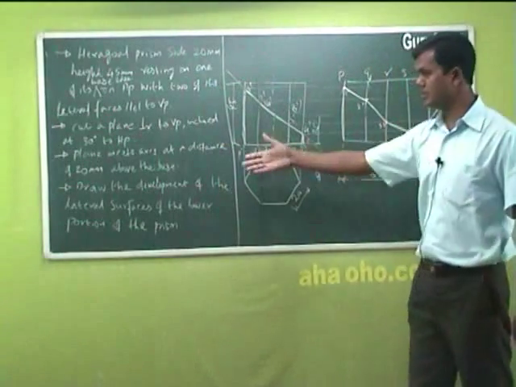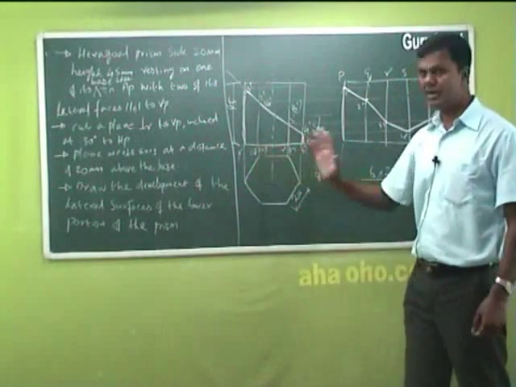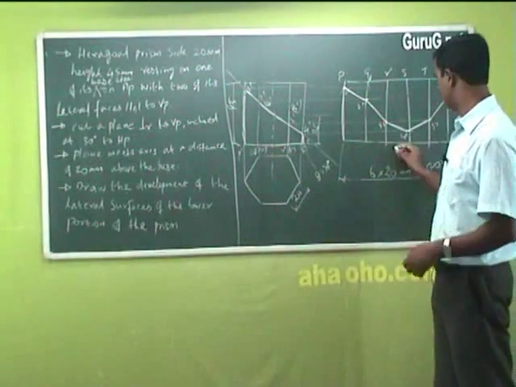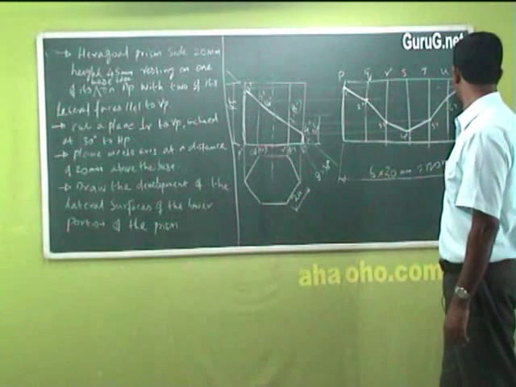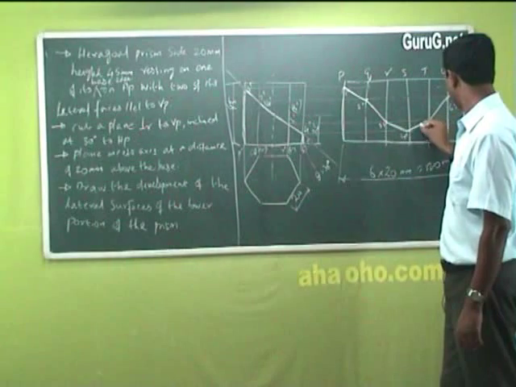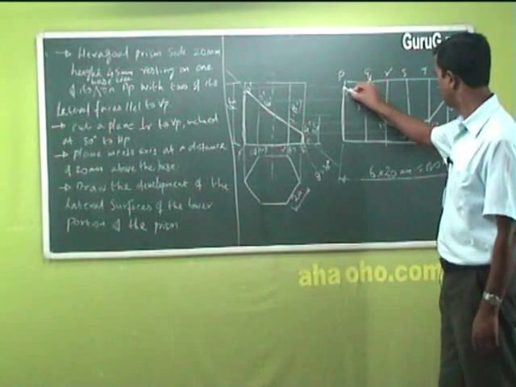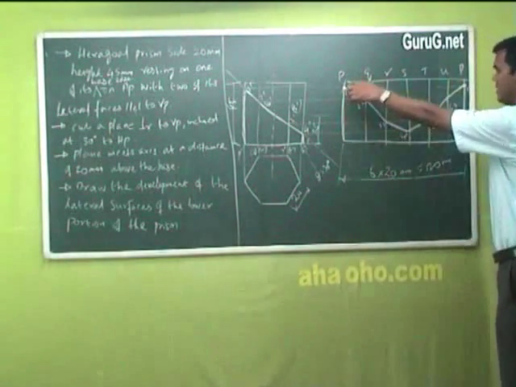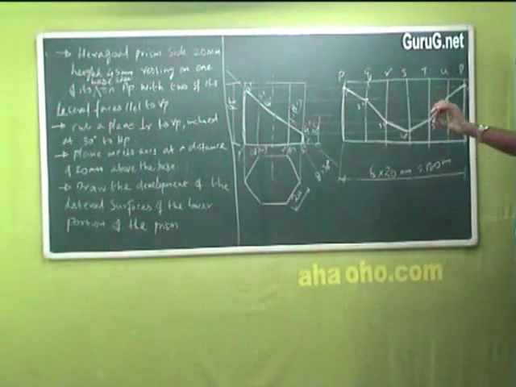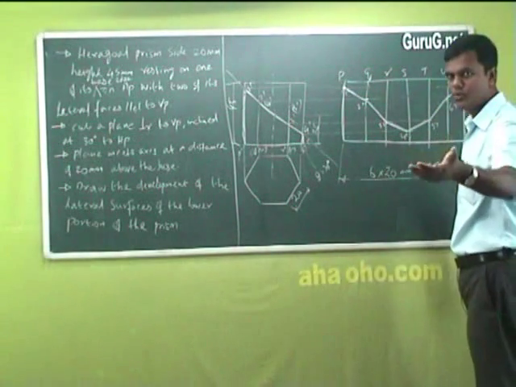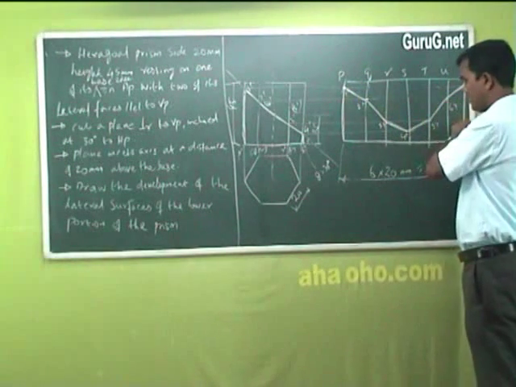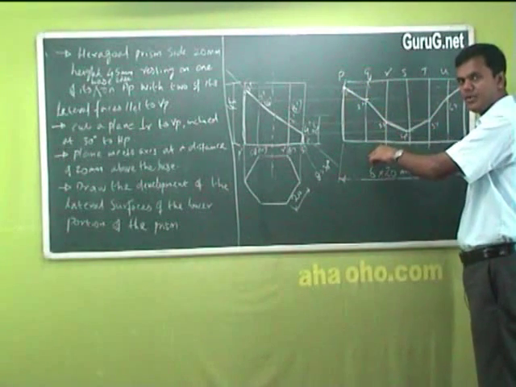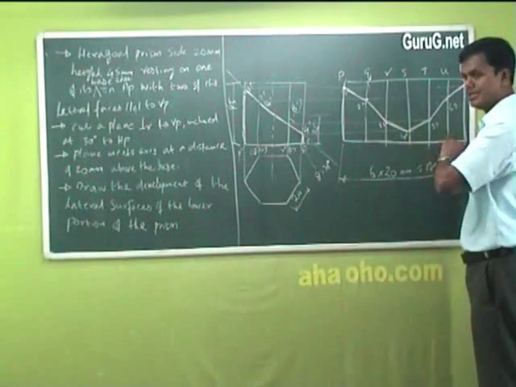That is not recorded here because it is not asked. So you draw only the lateral surface, it's enough. The remaining parts you can draw lightly with a 2H pencil. This should be made bright with an HB pencil.